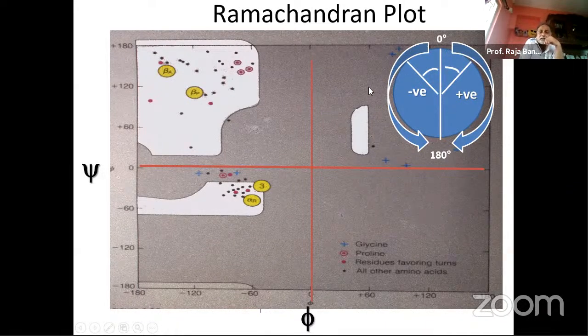And if you see this, there are 4 quadrants. This is 0, 0. The first quadrant is where both phi and psi are positive. In the second quadrant, phi is negative but psi is positive. Then in the third quadrant, psi and phi are both negative. And here phi is positive, psi is negative. So the second quadrant and fourth quadrant are mirror images.